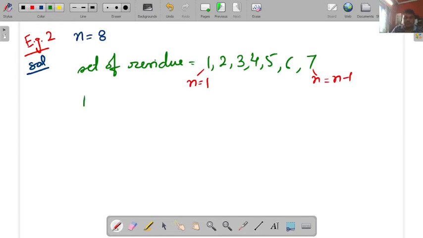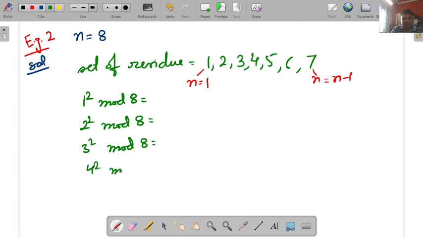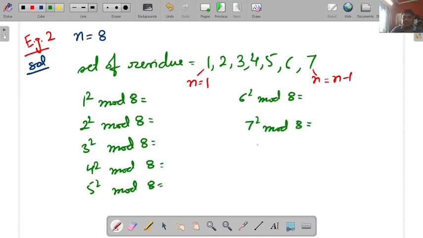So 1 square mod 8, 2 square mod 8, 3 square mod 8, 4 square mod 8, 5 square mod 8, 6 square mod 8, 7 square mod 8.